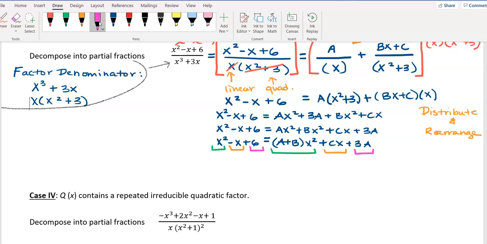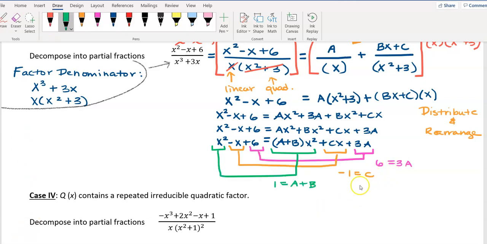So I'm going to take a moment and make little mini equations with their coefficients. Now that I've created these little mini equations, I can see that one of my variables, in this case c, is actually already given to me. So c is equal to negative 1. Then if I look at this pink equation, 6 equals 3a, I can see that that's very simple to solve.